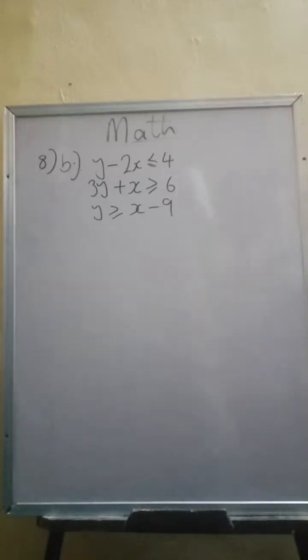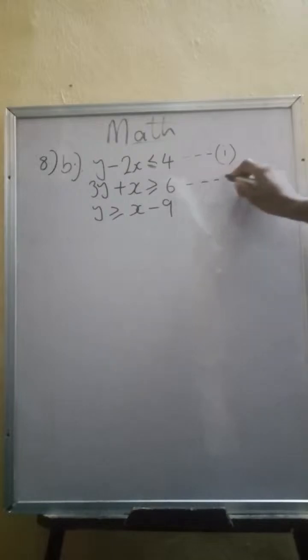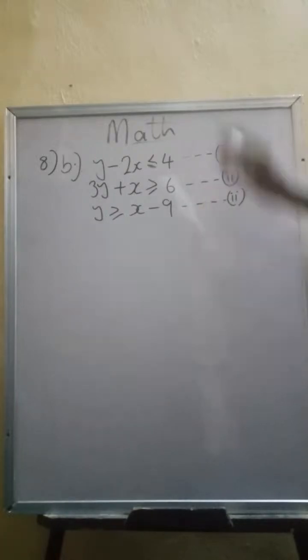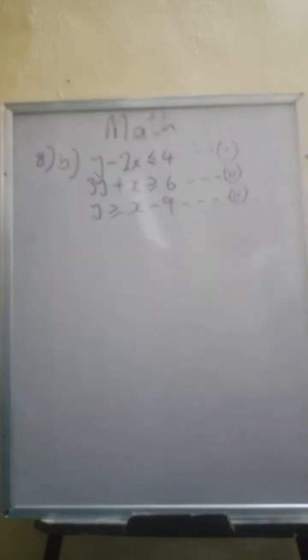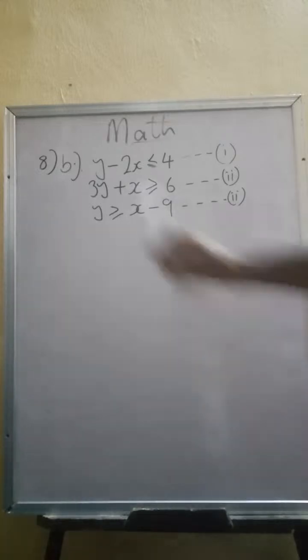They're all thick lines. Now permit me to call this the first, call this the second, and let's call this the third. And I want you to join me as we demarcate the board into 3.